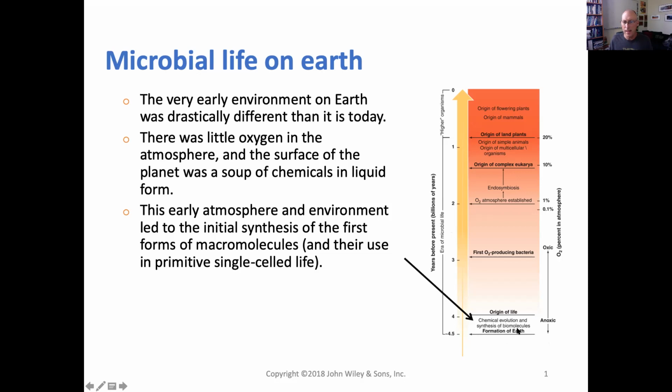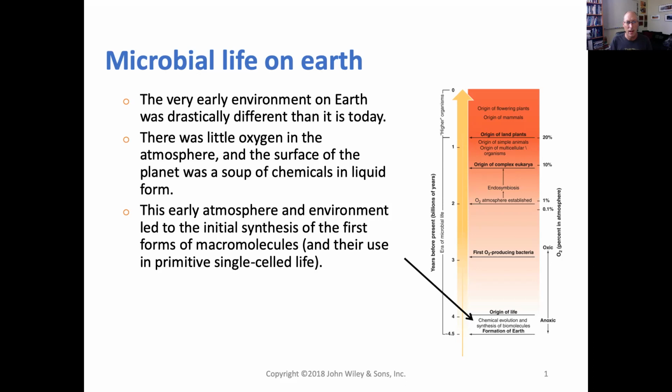In that early prebiotic stage, obviously the Earth didn't look like it does today. Most of the surface of the Earth was still covered with water at that point. There was essentially no molecular oxygen in the atmosphere.